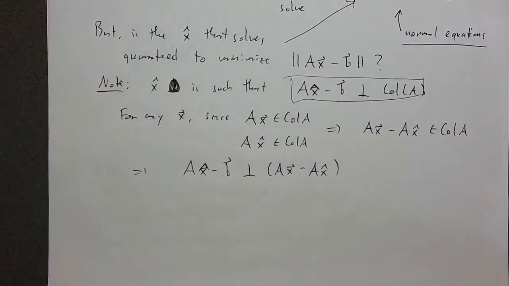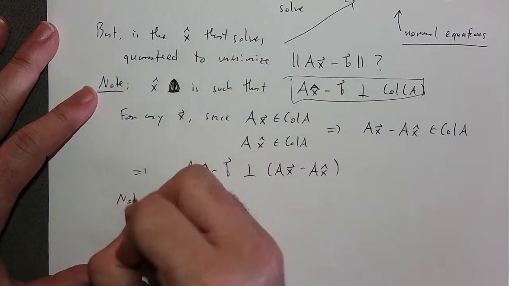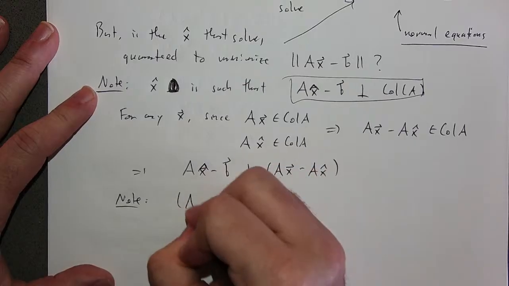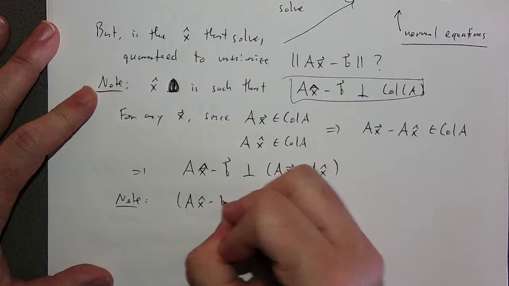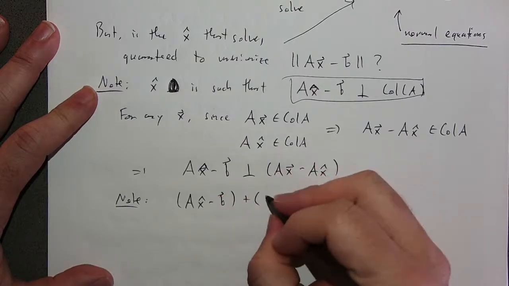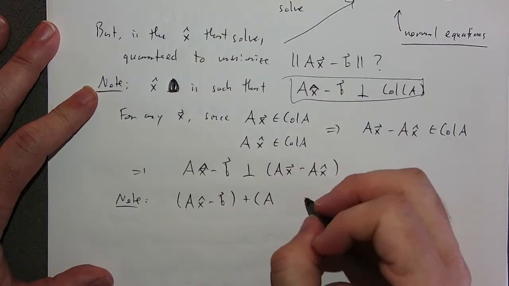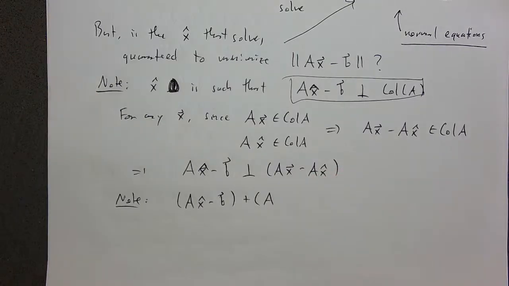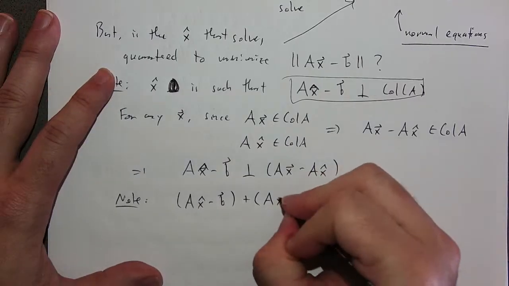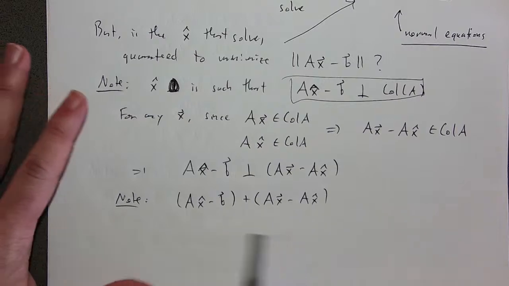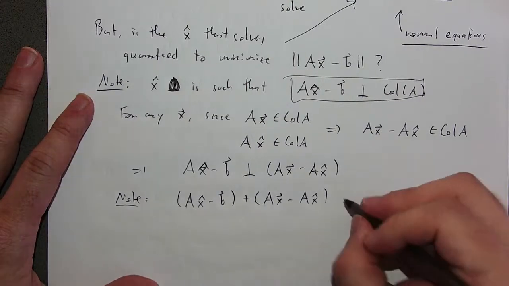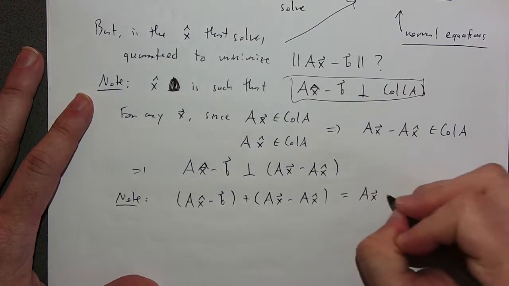now I'm going to write some of these things. I'm going to write note Ax hat minus b plus Ax minus Ax hat is, the Ax hats cancel, and this is Ax minus b.